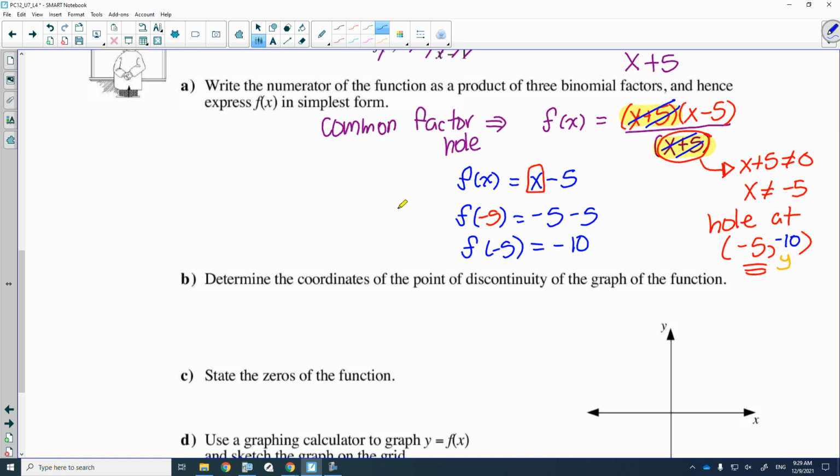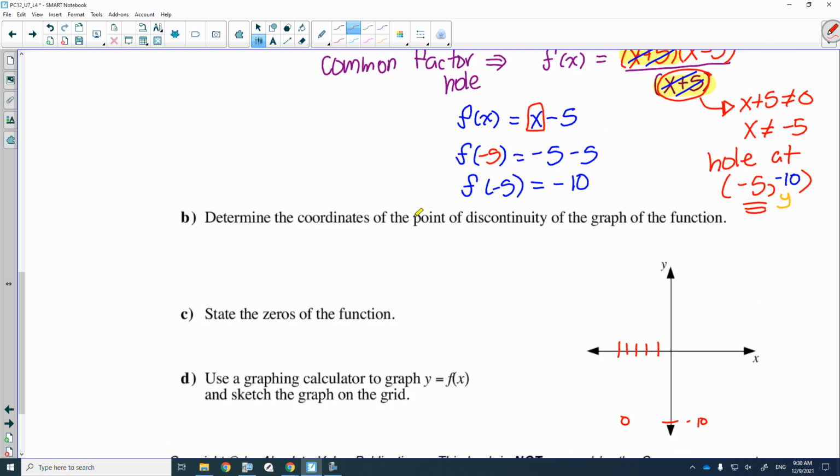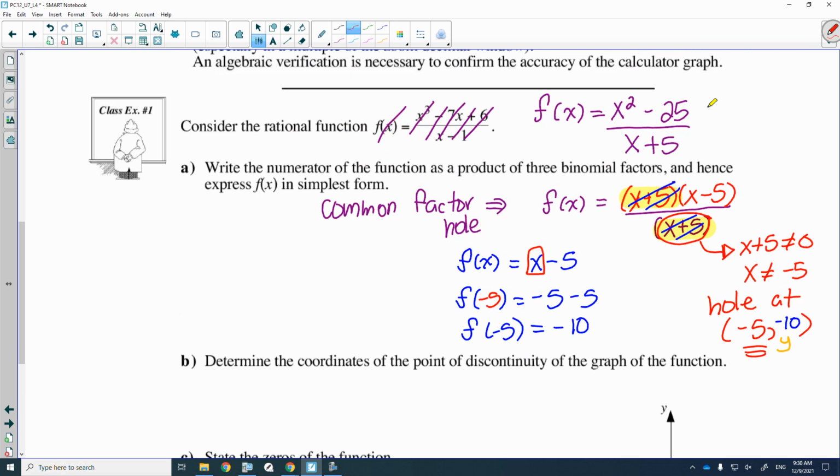How you would draw that is as follows. You just get that hole in first. So x is negative 5, and y, I'm just going to guess, down here, I'll say that's negative 10. You would plug this into your calculator, the original, right?